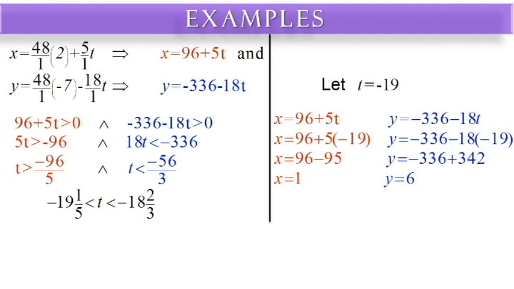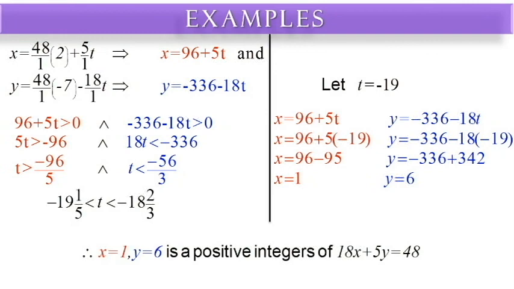And we have y is equal to 6. Therefore, we have x is equal to 1 and y is equal to 6. So that x is equal to 1 and y is equal to 6 is the positive integer solution of 18x plus 5y equals 48. That's all.